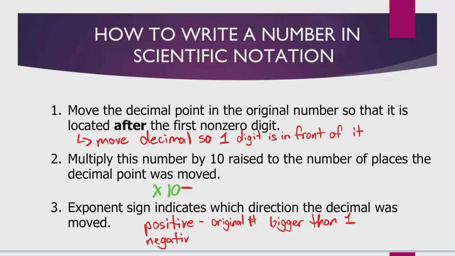I think some of this information shows up on the next slide too. I think typically the most confusing part of putting stuff in scientific notation is figuring out, is it a positive exponent or is it a negative exponent? And again, we'll be doing some practice.